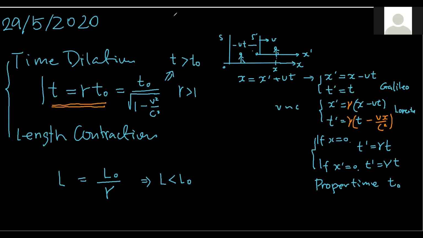We got this formula. So it's the time dimension. I think that's enough. So that will give you the formula like this: t equals gamma times t0. So when you talk about time dilation, you have to refer to a proper time.